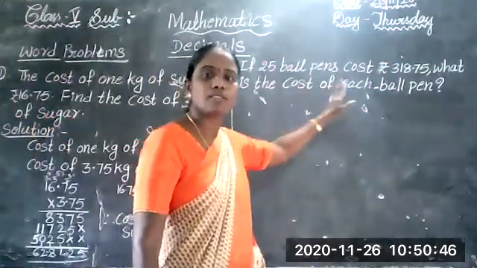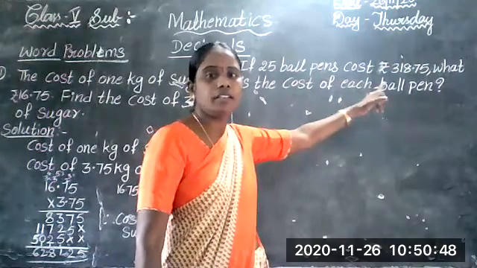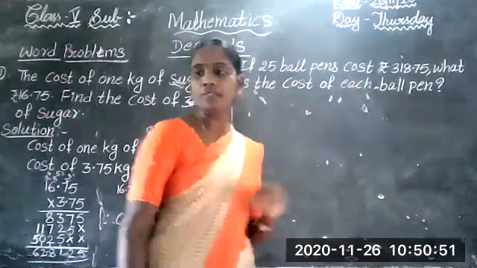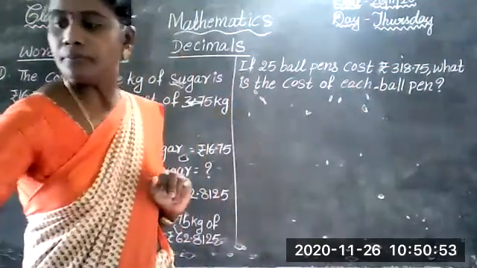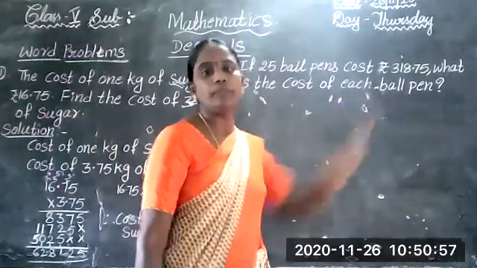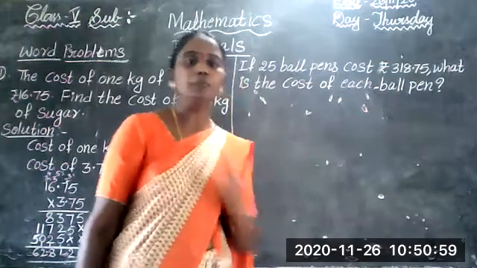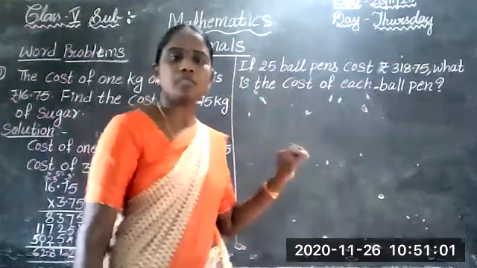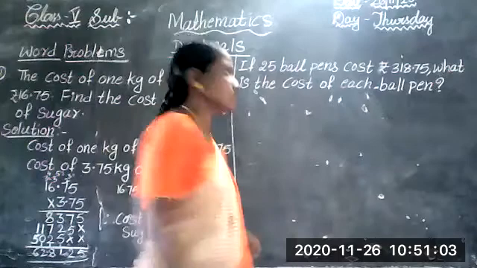Okay, so the cost of 25 ball pens is 318.75. What is the cost of each ball pen? We have to find out one ball pen. So what is the first step?